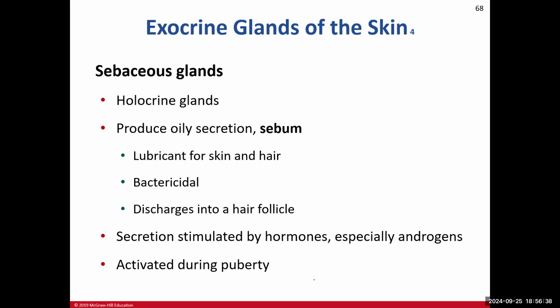All right, then our third type of gland is going to be the sebaceous glands. And these are the glands known as holocrine glands. Their secretion we call sebum. If you've ever laid down somewhere where there's some paper and gotten off it and you see this oily discharge on the paper, a lot of that is sebum, which is a good thing.